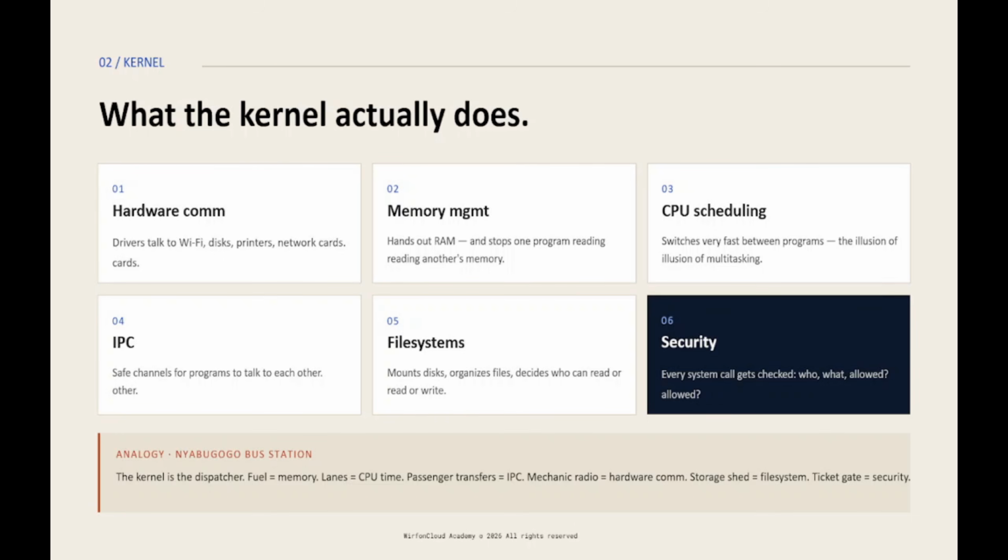Interprocess communication. Safe channels for programs to share data. 5. File system and storage management. 6. Security and permission enforcement. The kernel is like the dispatcher at a busy bus station. It allocates fuel, assigns lanes, connects passengers, manages the storage shed, and checks tickets at the gate.